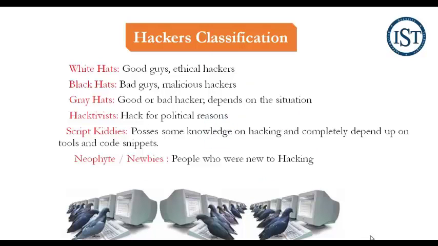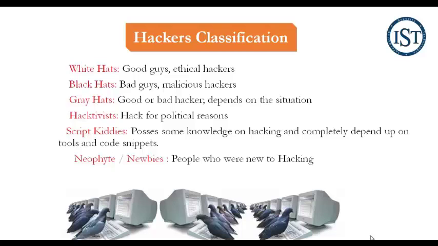And we have classified hackers into 6 types. One is white hat hackers. They are very good boys, and these are called ethical hackers. And black hats, dangerous people. They are malicious. They do malicious activities using their computers. These are computer criminals. And gray hat hackers have the shades of both white hats and black hats, and it depends upon the situation.